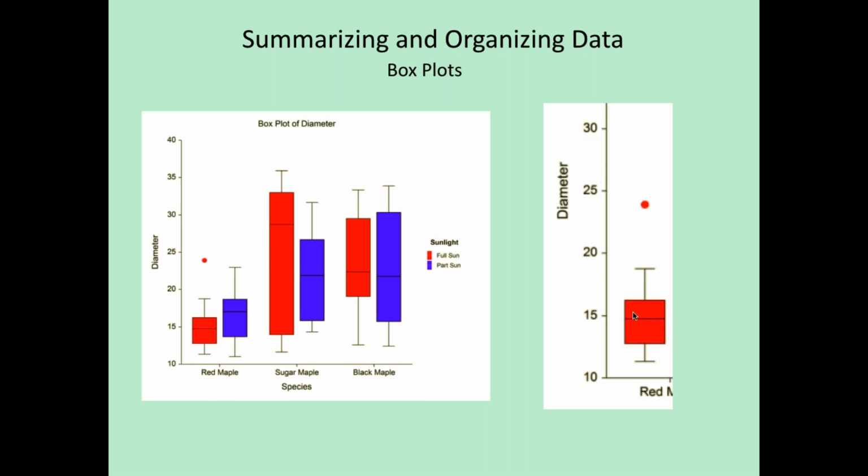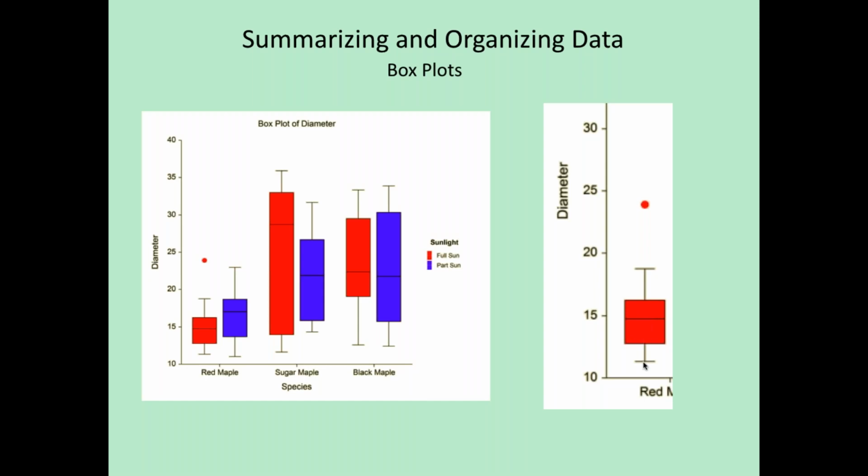As it happens with box plots, we display the median value as this line in the middle. Okay, this red box that's here represents the middle 50%. The bottom of it is the 25th percentile. The top of it is the 75th percentile. The median is the 50th percentile. Half of them are below that, half of them are above, right?